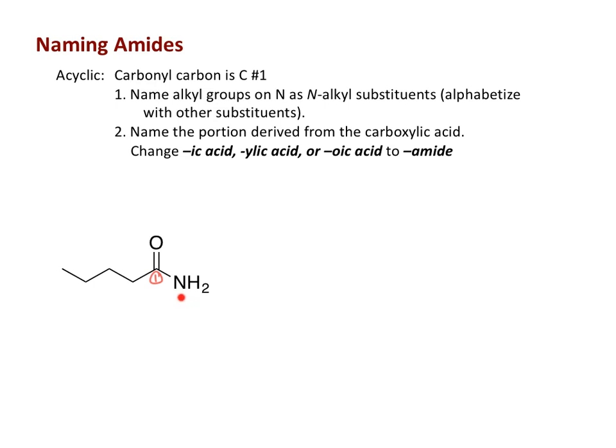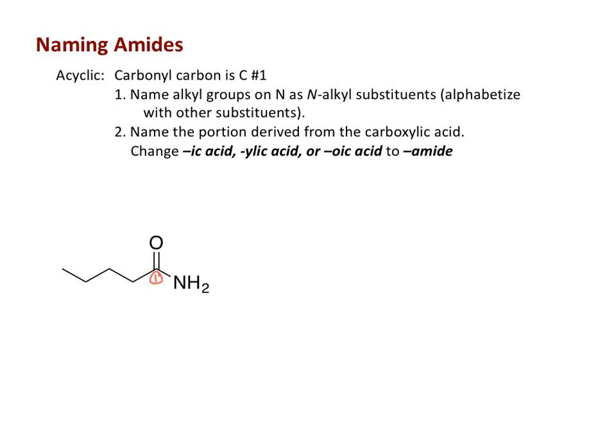Now in this first example, there are no R groups on the nitrogen. There's just hydrogens, so we're not going to use this step. But when we do, it's a little different than esters. So you don't start the name with those substituents. What you do is you just alphabetize them with any other substituents in the molecule.